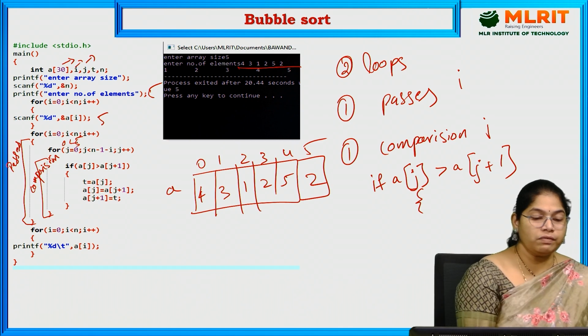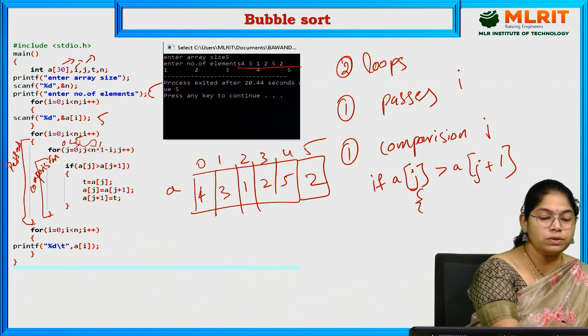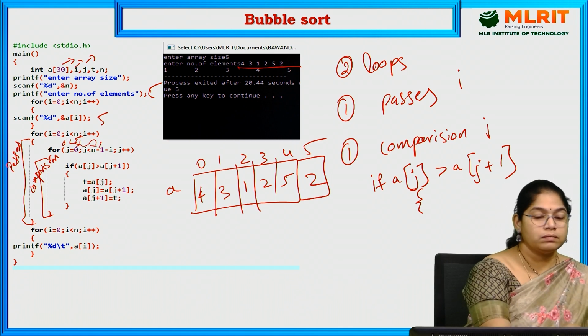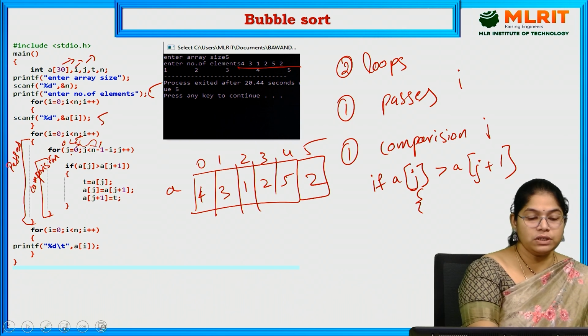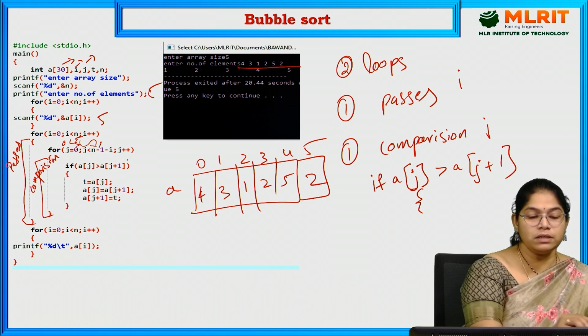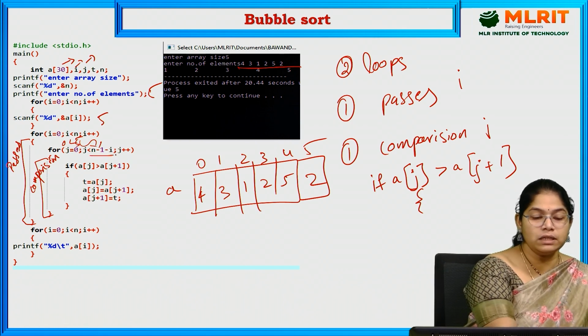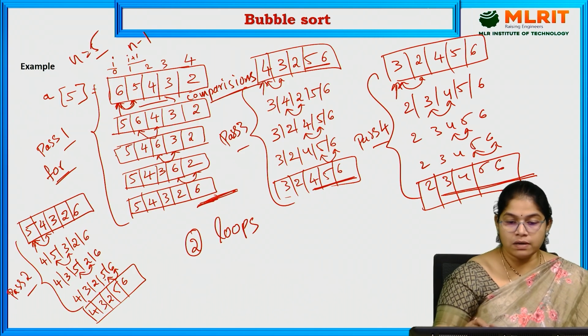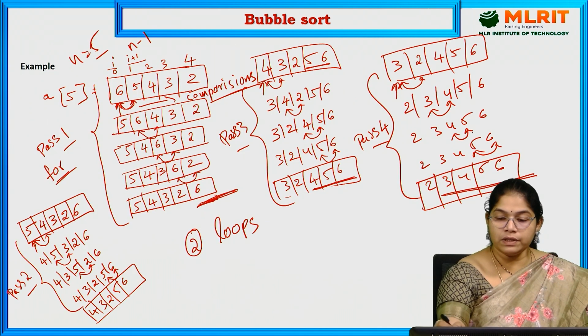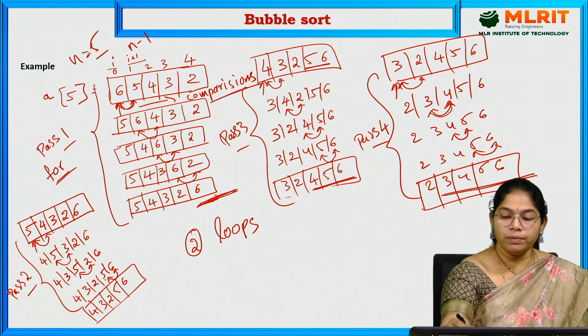So the control enters into the nested loop. J is 0. J less than N minus I minus 1. Here I consider this because we are doing unnecessary comparisons. Like after this, no need to compare 3 to 4. These are the unnecessary comparisons.